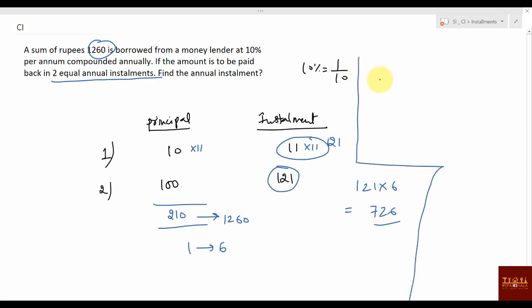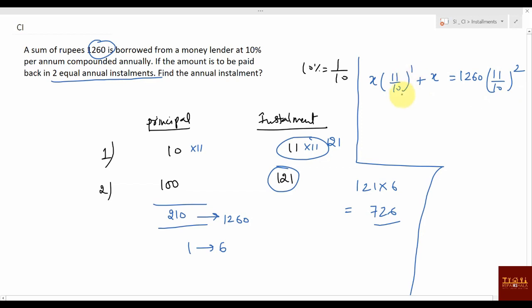I would say suppose your installment is X, right? So X, 2 years are there, means first for 1 year you have to find, and for 0 year. So X equals the total amount: you have taken 1260, and for 2 years, 11 by 10 raised to power 2.